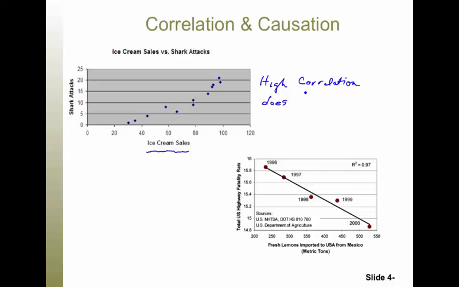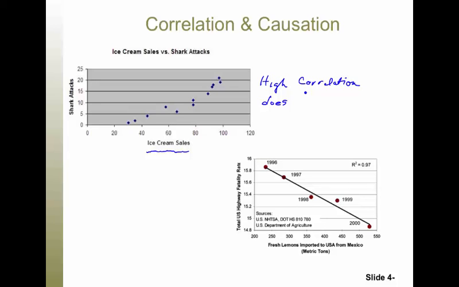Okay, so what's the real cause of more shark attacks? What variable could we look at that's the real cause of more shark attacks? And then what's causing that? Summertime, which is what variable? Temperature, right? An increase in temperature causes an increase in ice cream sales.